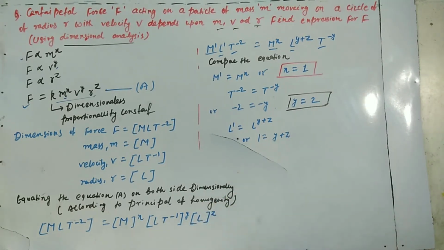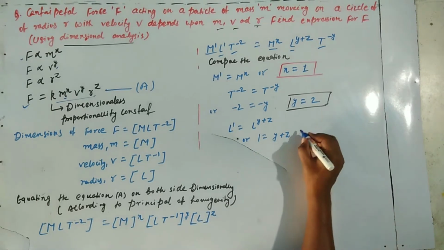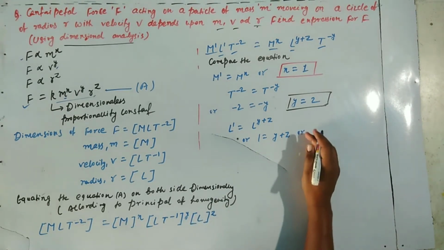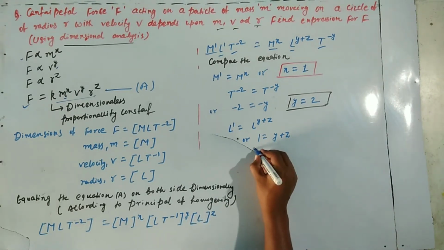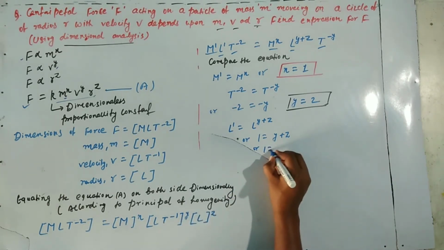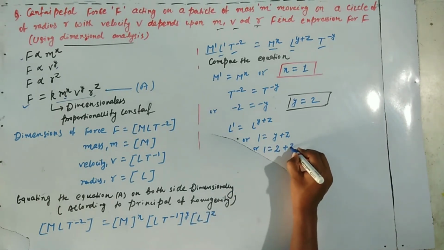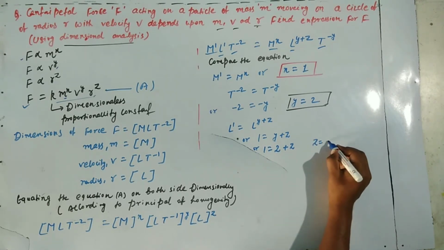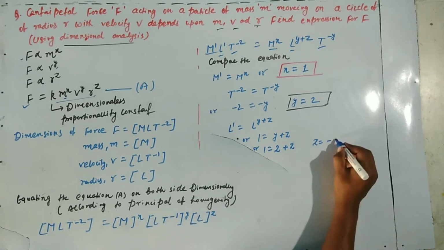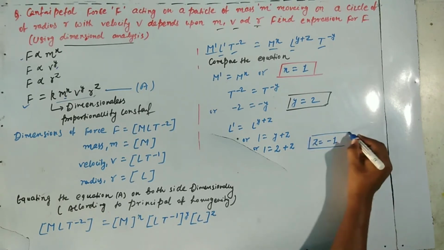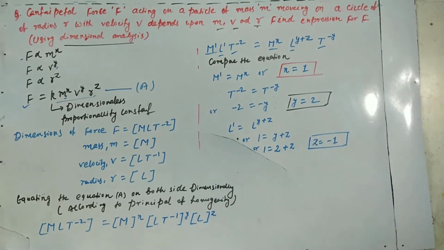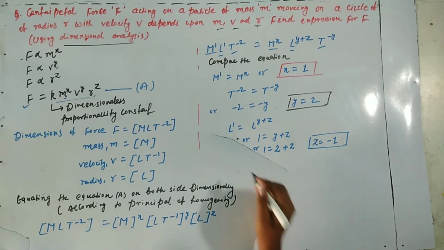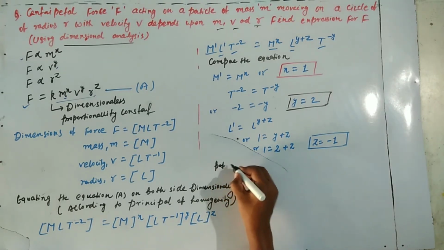So y's value is 2, or 1 equals 2 plus z. Therefore z equals minus 1. So here we find the three values of x, y and z.